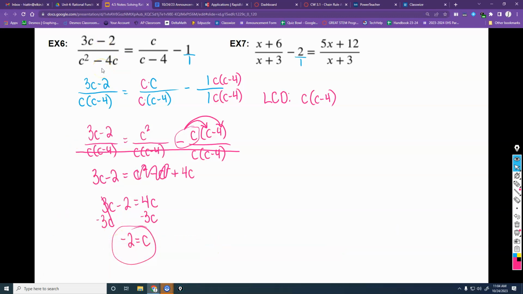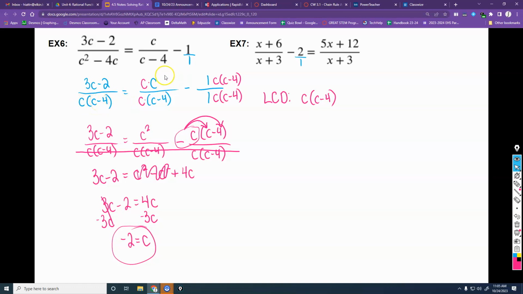What you want to do is you want to factor first, right? And then once it's factored, you're trying to think of what could I multiply so they'd all be the same. This is your most complicated denominator, so you know you have to include everything there. You can take your most complicated one first, and then decide if you need to add anything to it. The most complicated is c times c minus 4.